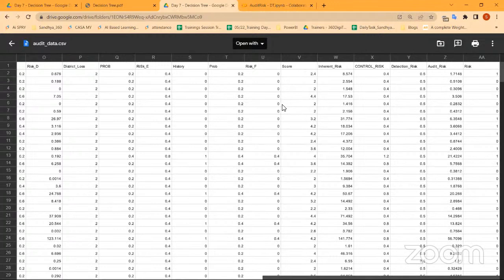We are taking the same data, and we are trying to establish this particular problem. So let's do one thing, friends: let's try to understand what this audit risk is all about, and then we'll go into the problem, right?